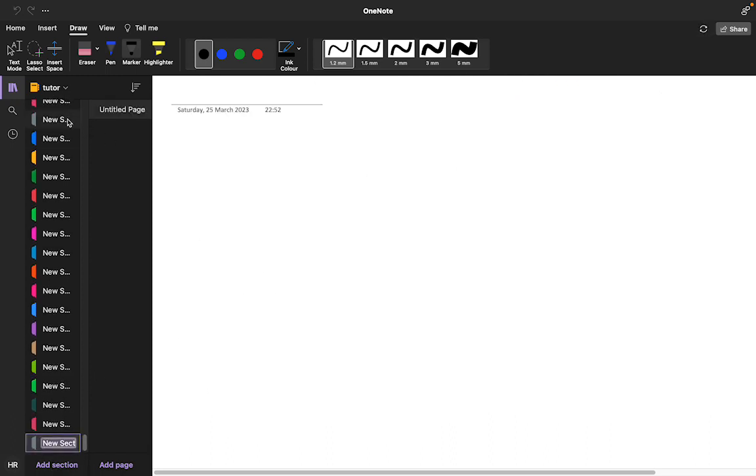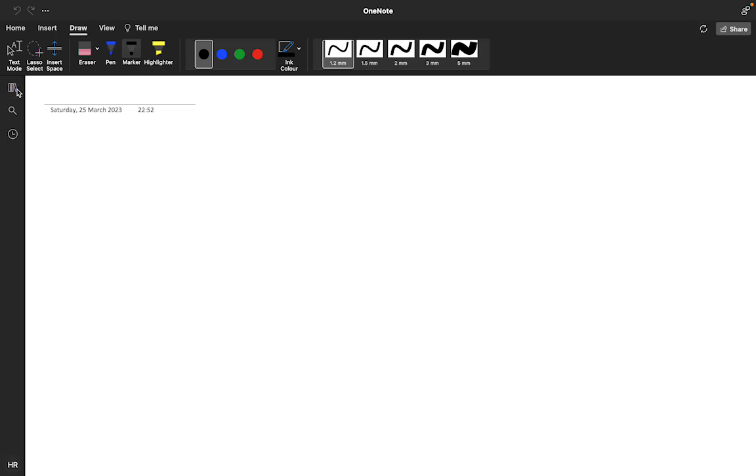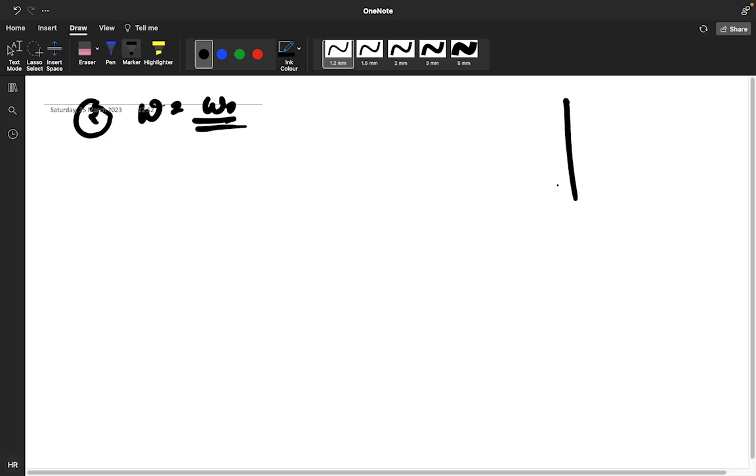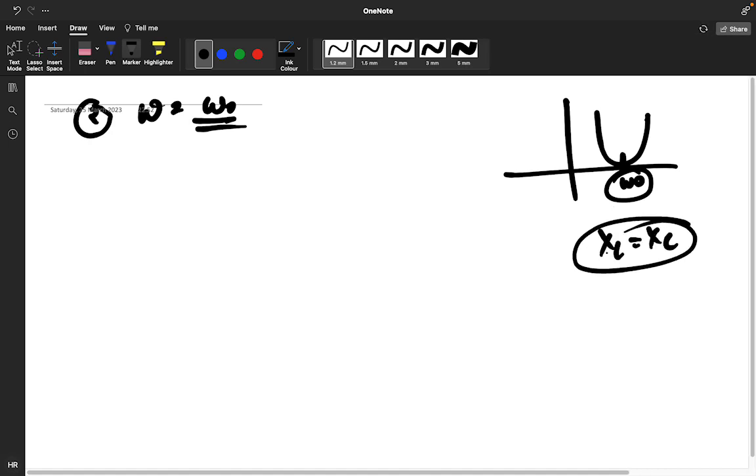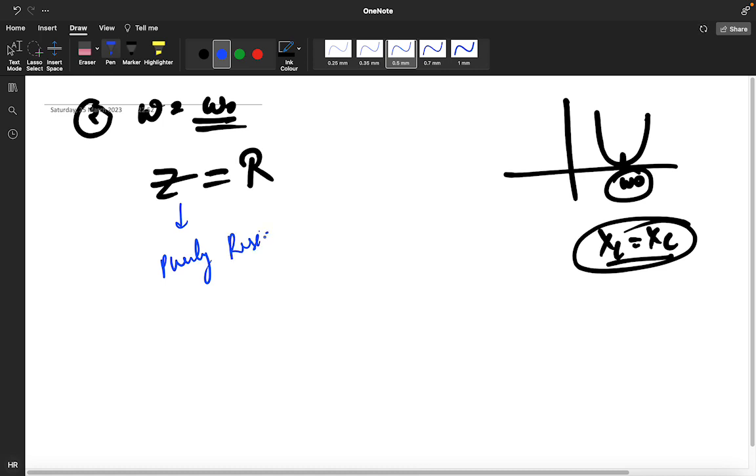And if you go for omega equals omega naught, my XL is equal to XC, so that means Z will be equal to R, purely resistive.